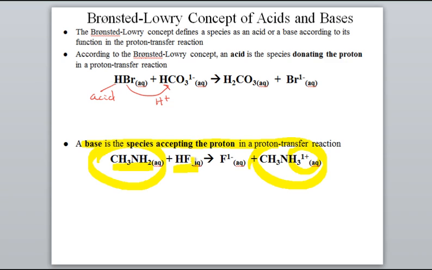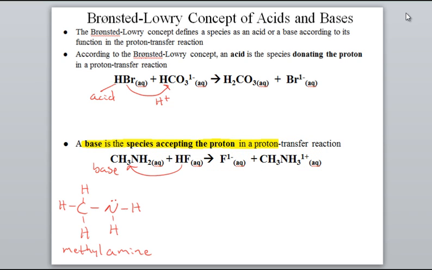HF lost an H, and it lost a positive charge, so it went to being 1 negative. Note, this base is called methylamine, and next year when you take organic chemistry, you'll be able to name this structure. But the reason why I drew it and named it is that this is a base. It has a lone pair that can bond a hydrogen cation. That's a property of being a base.